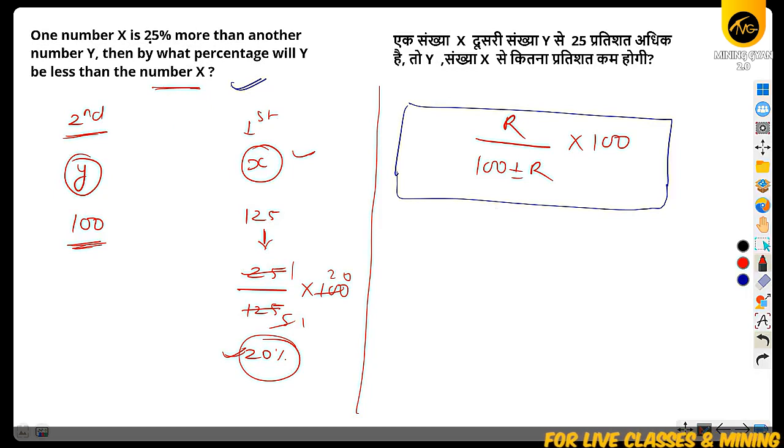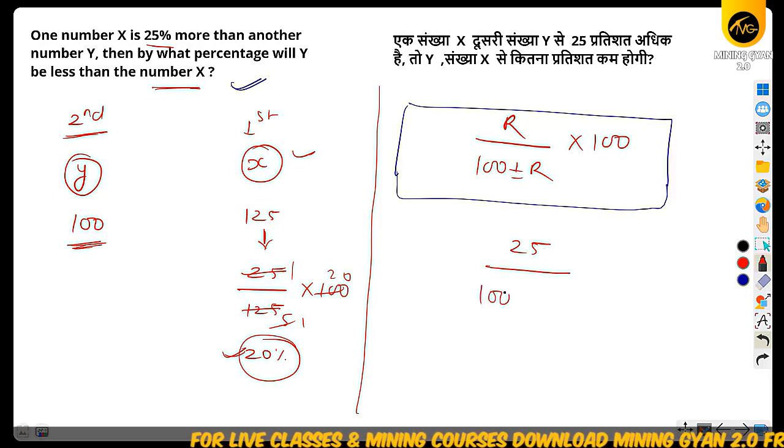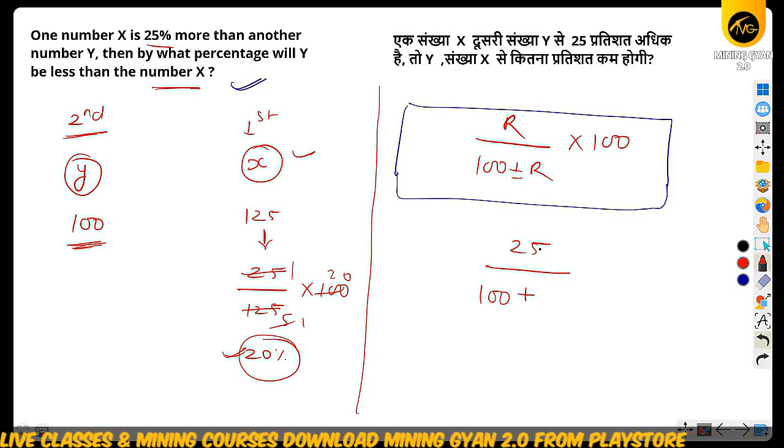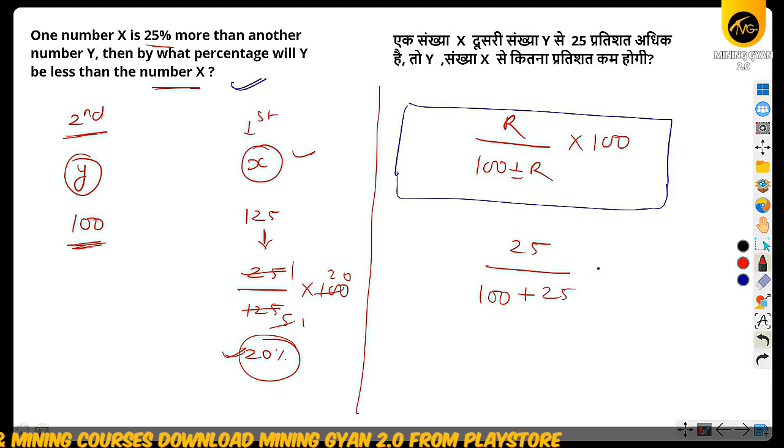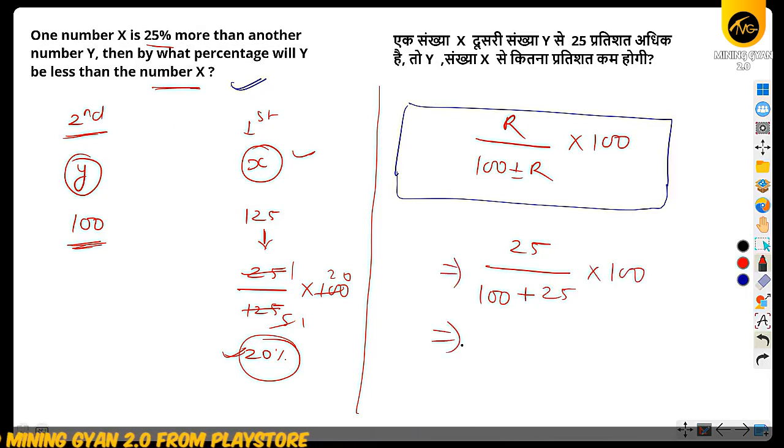Basically the percentage. r is the percentage. So 25 divided by 100 plus minus. In this case, it is the more than condition, that means you can consider the plus sign. Now, more than 25%, that's why r is 25. Multiply by 100.